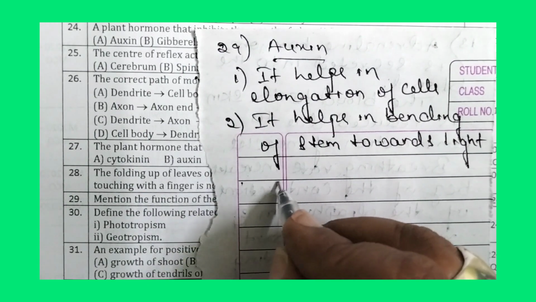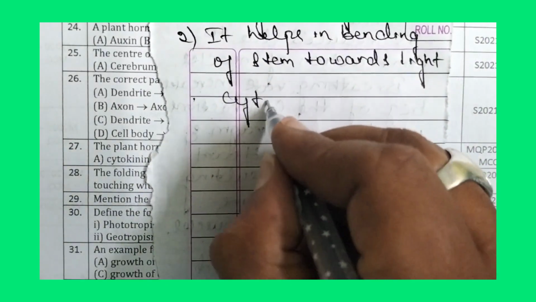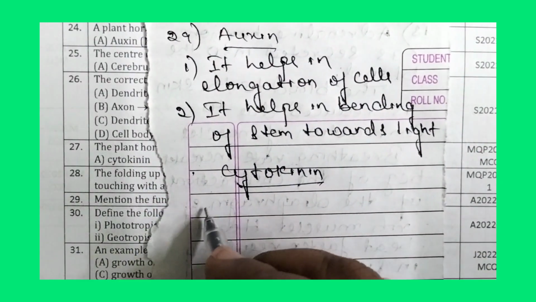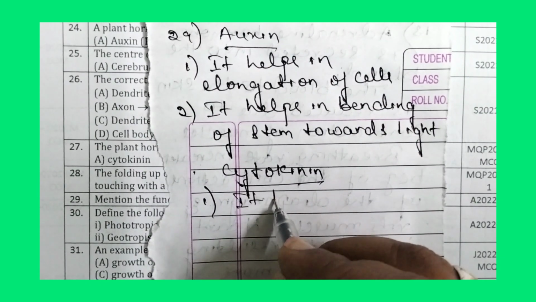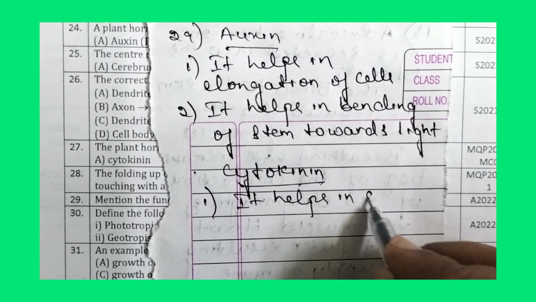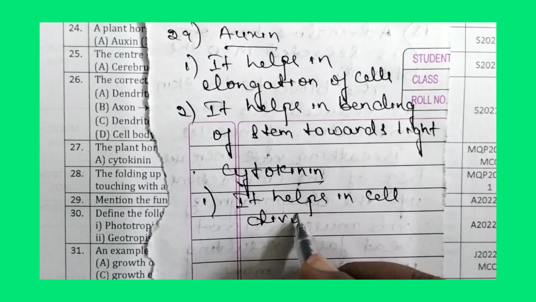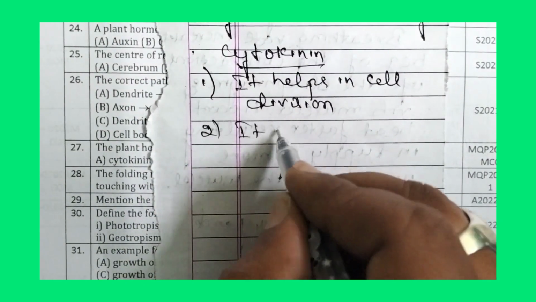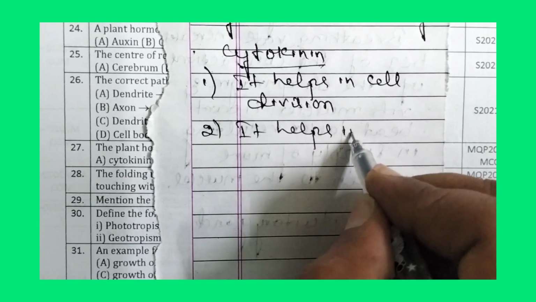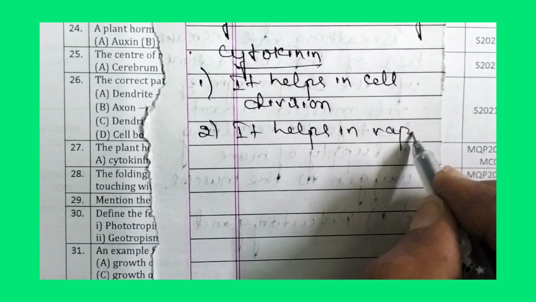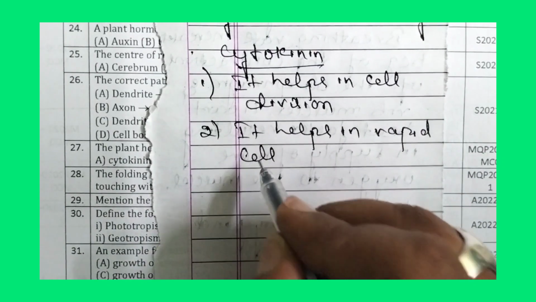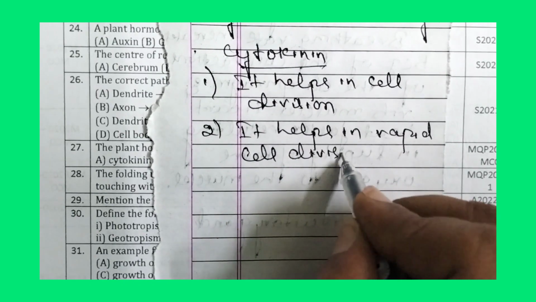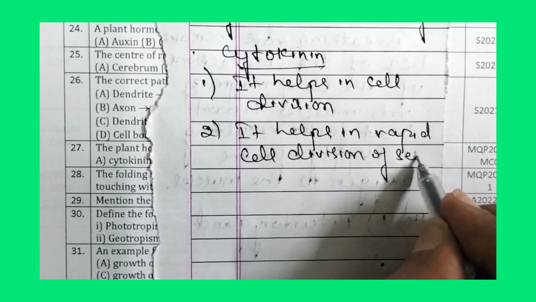Next let us list the functions of cytokinin. The first function of cytokinin is it helps in cell division. It is responsible for cell division. The second one is it helps in rapid cell division of seeds and fruits.